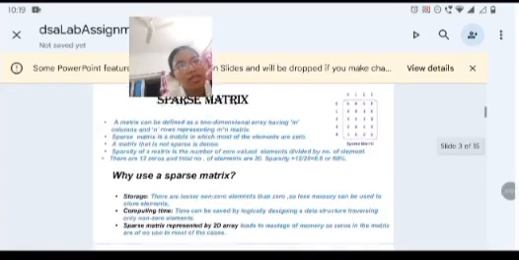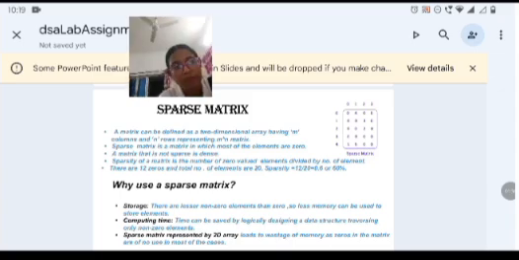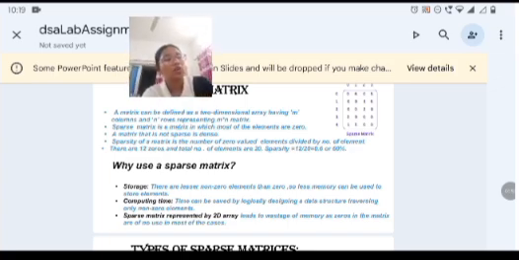Now the question arises, we already can represent a normal matrix. Why do we need to use a sparse matrix? Well, sparse matrix has certain advantages. First, it takes much lesser storage in comparison to a normal matrix because most of the elements in it are 0. So the zero elements are easily ignored and the non-zero elements are emphasized.